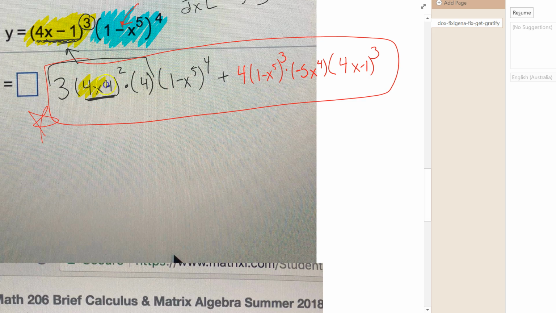I have this 4x minus 1 and this 4x minus 1. I have 3 factors and 2 factors, so I can pull out a 4x minus 1 squared out of both terms. I can pull out, what else do I have? I have a 4 and a 4, so I can pull out a 4.